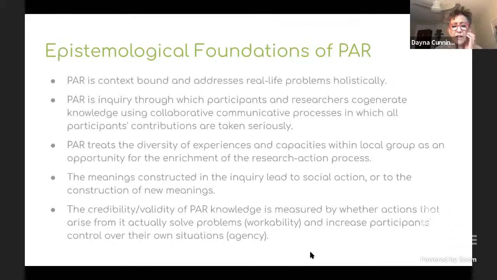I'm not going to read every single one to you, but the idea of going back to that cycle of reflection and action is key, and workability is a key measure of success and reliability and credibility. Does it actually help solve a problem? And in the process, does it increase participants' control over their own situations?